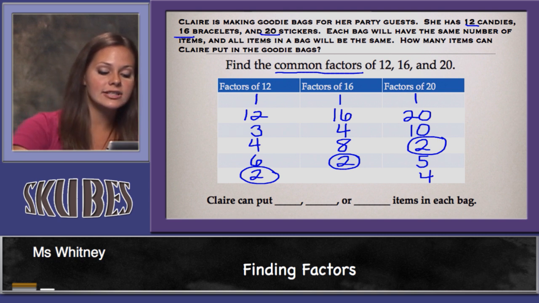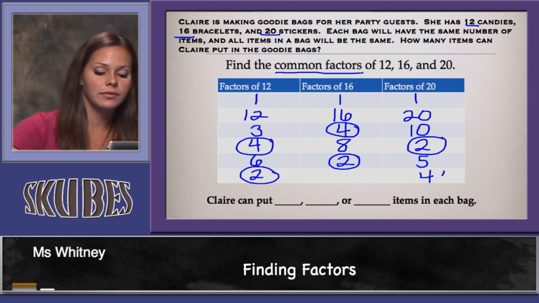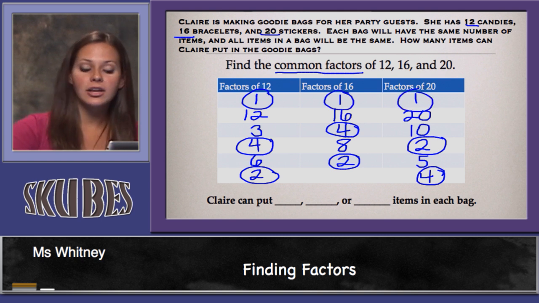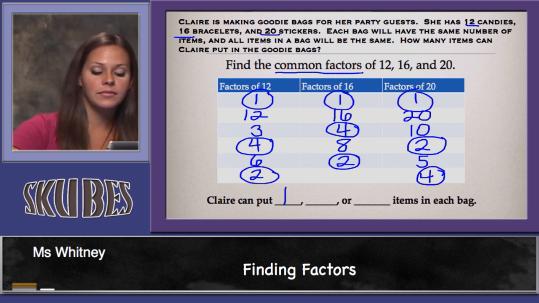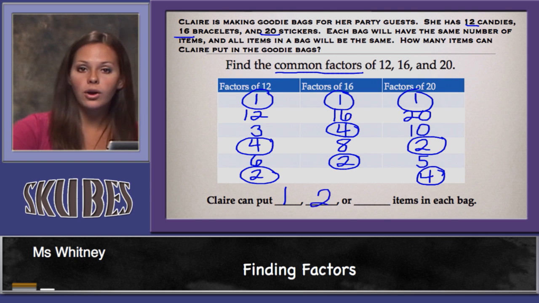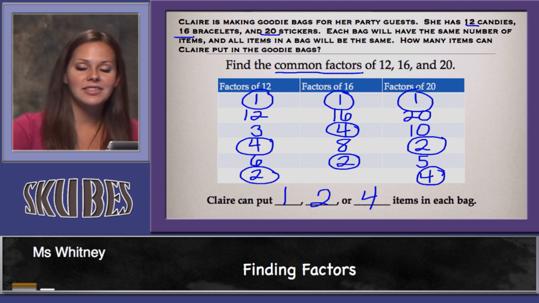The next common factor I see is 4. And finally, the last common factor is 1. So Claire can put 1, 2, or 4 items in each bag. And this concludes our lesson on finding factors.